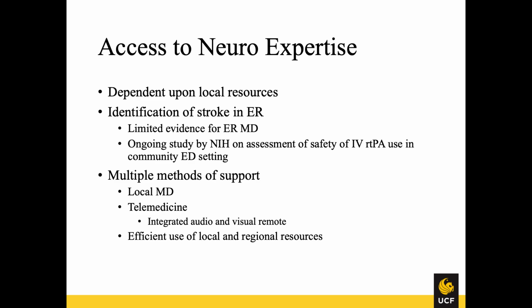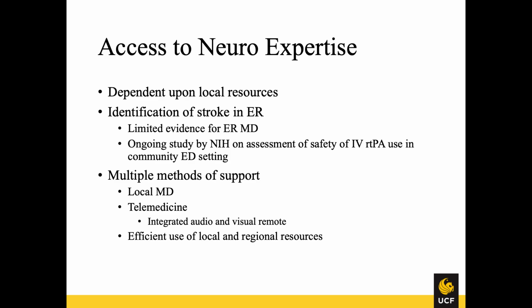Remember that a main differentiator between a level 1 trauma unit and a level 2 trauma unit, or even below that, is going to be availability of neurosurgery in the building who can respond to a neurologic emergency, including stroke. Identifying stroke in the emergency department, there's limited evidence for this in the ERMD, and there's an ongoing study by the NIH on assessment and safety of TPA use in community ED settings.